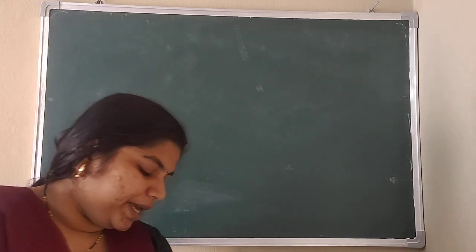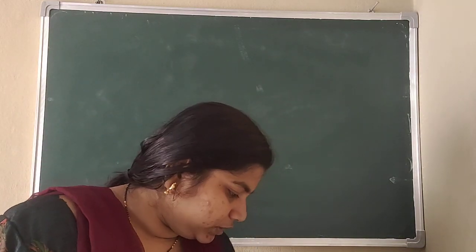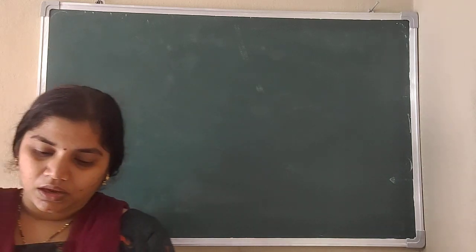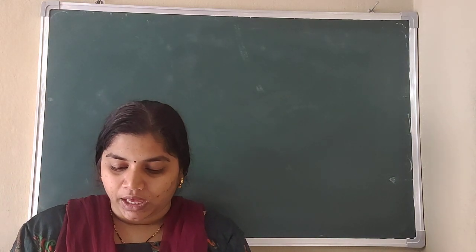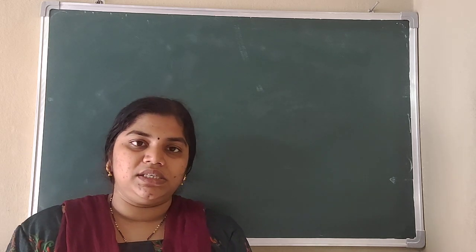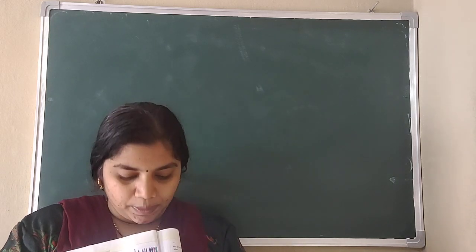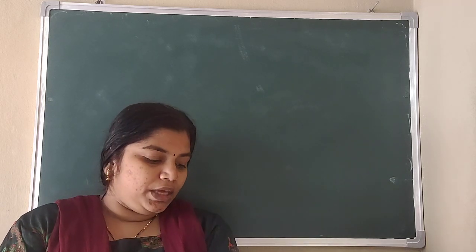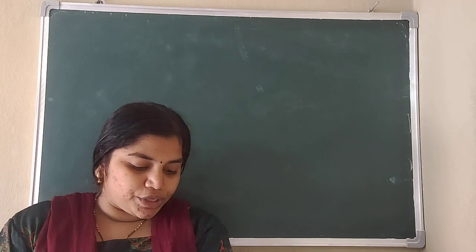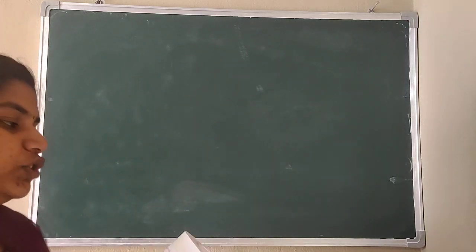The sum of the page numbers on your facing pages of a book is 373. So if you take out any book like this, if you are adding these two pages, that will be equal to 373. So what are the page numbers? We have to find the page numbers here.